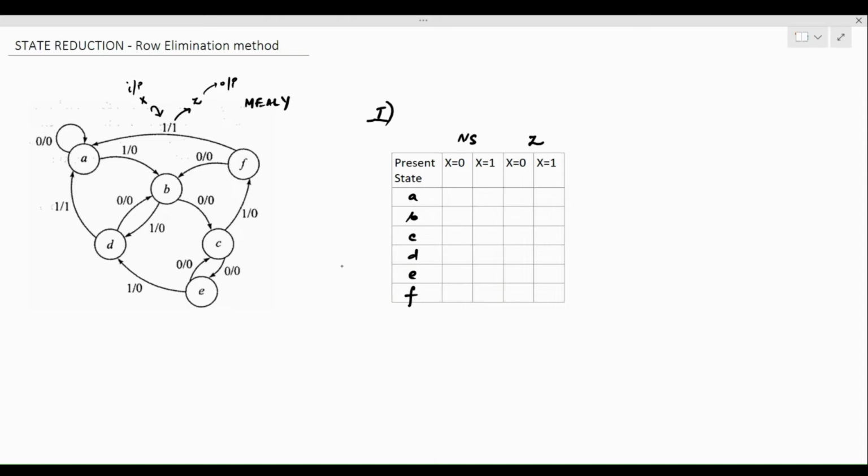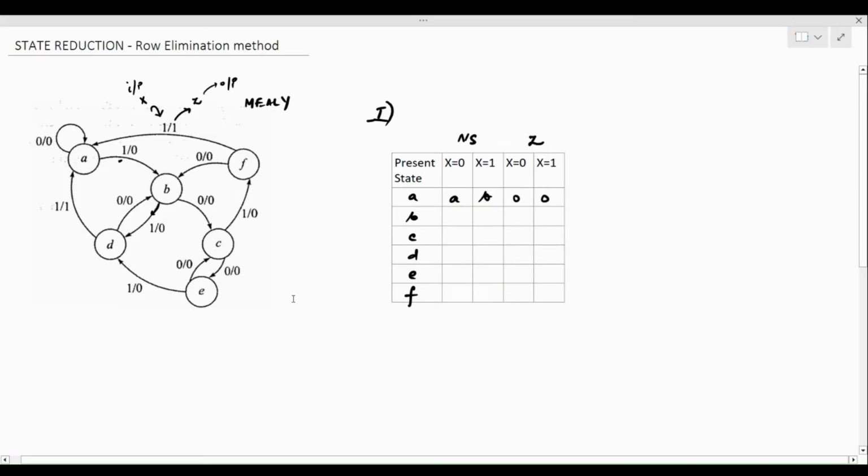Let's look at state A. When the input is 0, the transition goes back to the same state. So it remains in the same state, and the output remains 0. But when the input is 1, then from state A, it makes a transition to state B and the output remains 0.